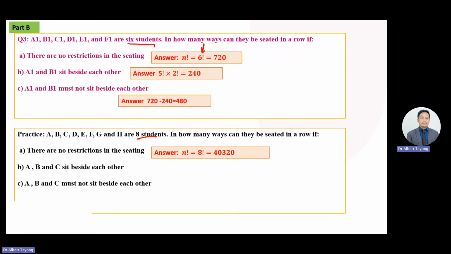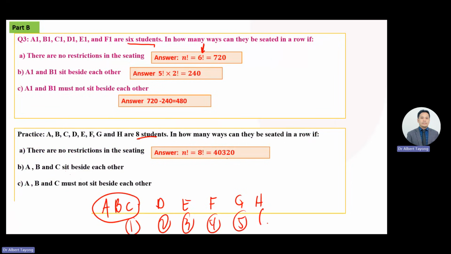Here, A, B, and C sit beside each other. So A, B, C is one group. Then we have D, E, F, G, and H. So this is 1, 2, 3, 4, 5, and 6. And how many ways can A, B, and C sit beside each other?